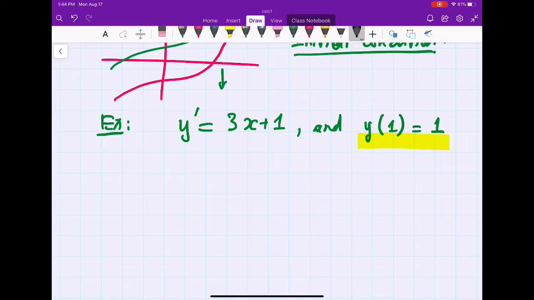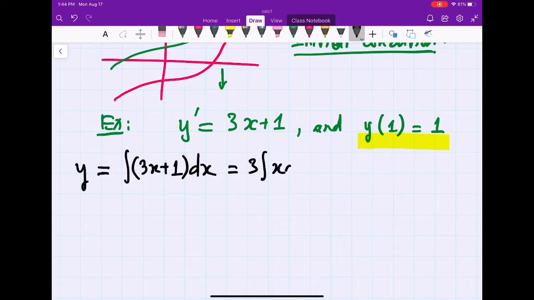So I need to solve this integral, 3x plus 1 dx. I can write y equal to the integral of 3x plus 1 dx, and we use additivity of integration. I have the integral of 3x dx plus just the integral of dx.